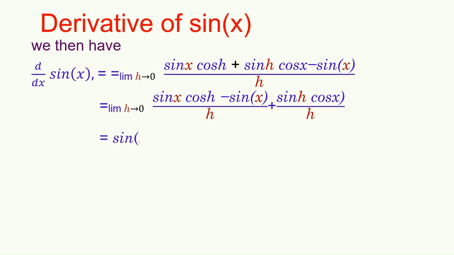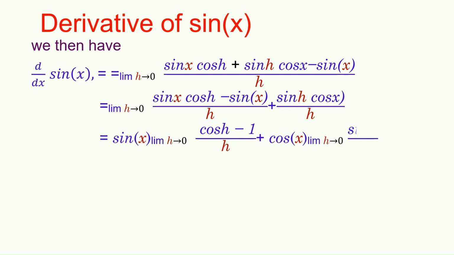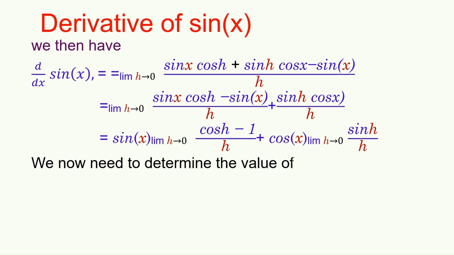Take the common factors of sine x and cos x out: equals sine of x times limit h tends to 0 of cos of h minus 1 whole divided by h, plus cos of x times limit h tends to 0 of sine of h divided by h.